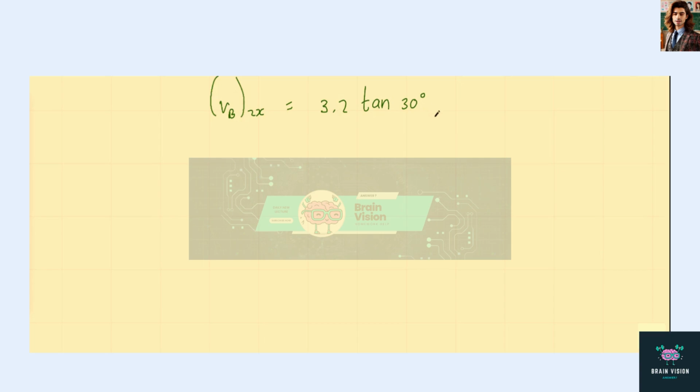So we can calculate VB2x using trigonometry, and that's 3.2 tan of 30 degrees, which is 1.8475 meters per second, and that's to the left. The x component of A after the collision, VA2x, is equal to minus 1.752 meters per second. So again, that's to the left.